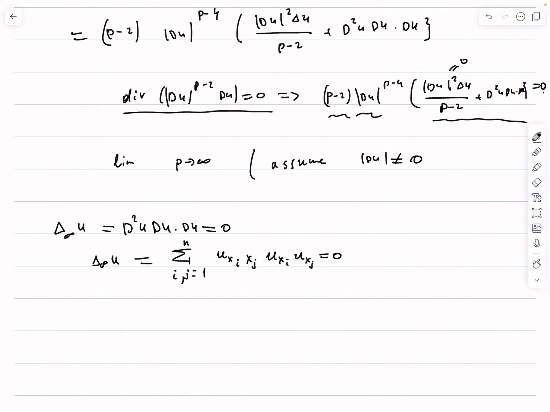This is the infinity Laplace equation. Okay.